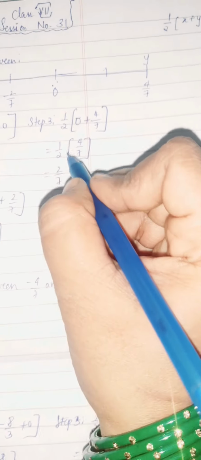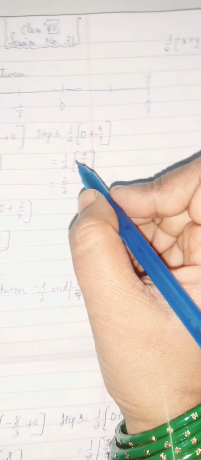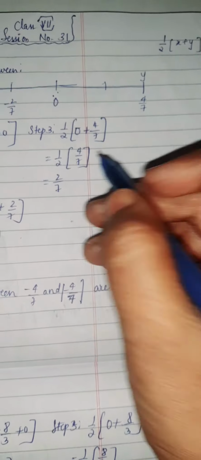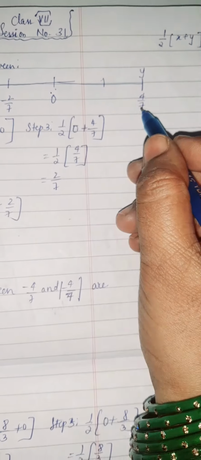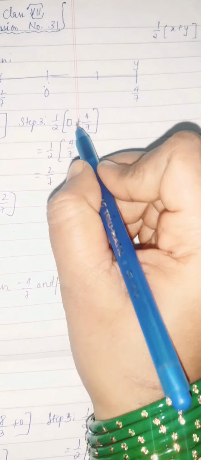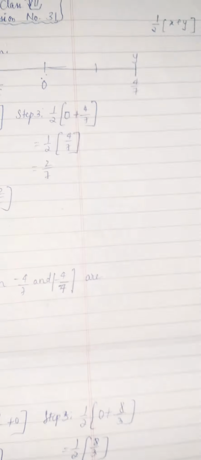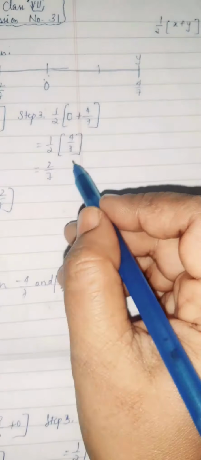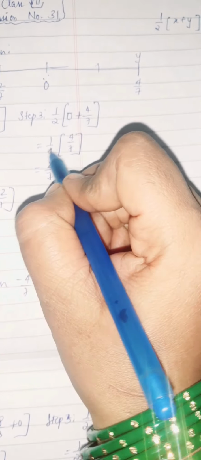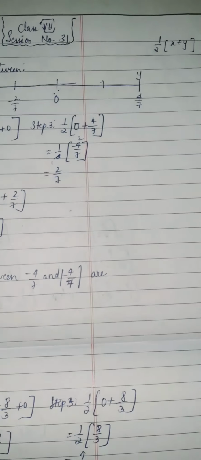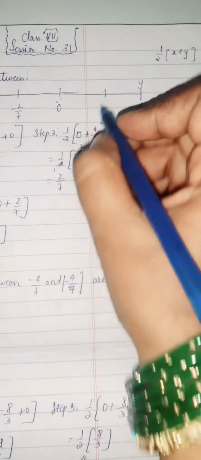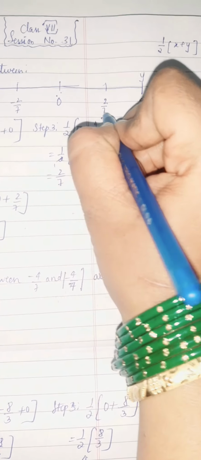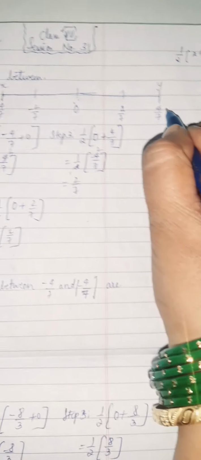In step 3, we are going to find a rational number between 0 and 4 by 7. 1 by 2 into 0 plus 4 by 7, 1 by 2 into 4 by 7, we get 2 ones are 2, 2 twos are 4. So the answer left is 2 by 7. Now we have found 2 by 7 between these two rational numbers.